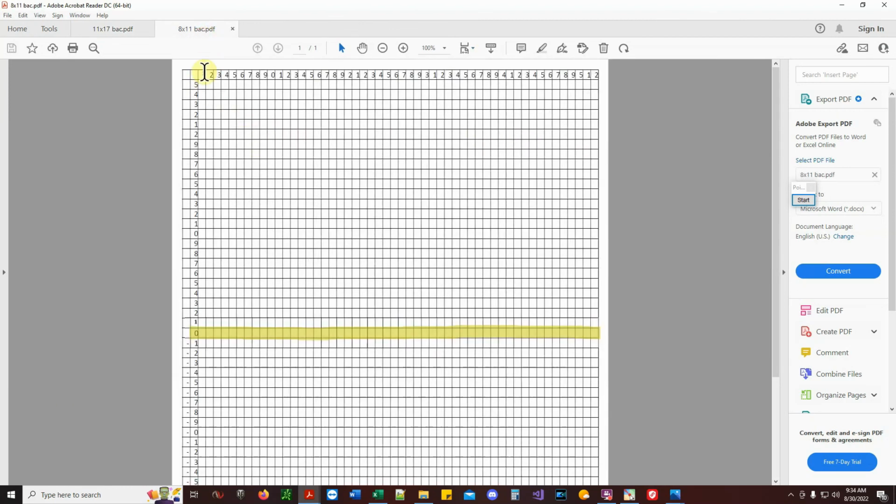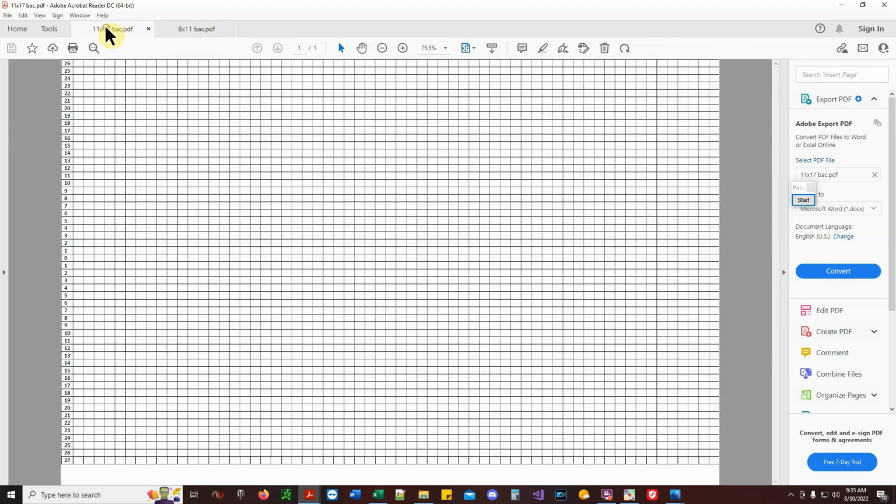Or you can use the 8x11, which goes up to 50-something hands, and then you have to continue it on the next page. But it's a sheet to use inside of the casino because I don't know of too many casinos here where they'll let you pull out your cell phone and run it on the app. The day they start doing that, I will probably come up with an app to keep up with this. But for right now, I just keep up with everything on the sheet.